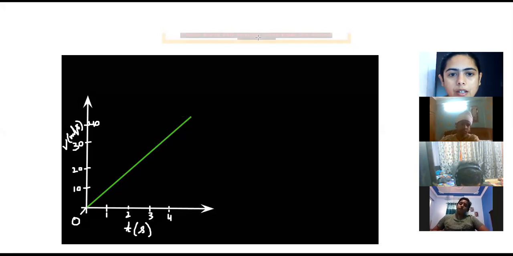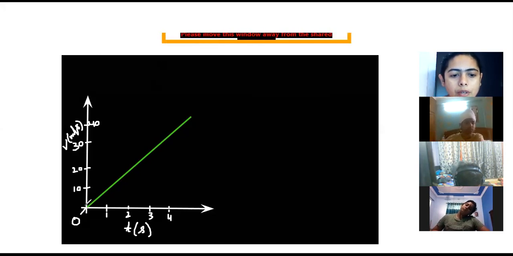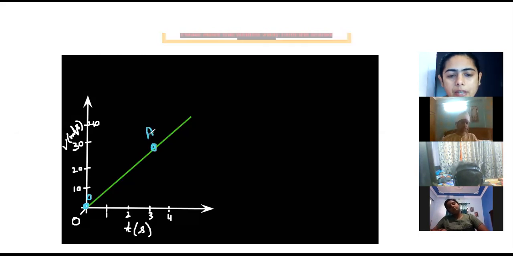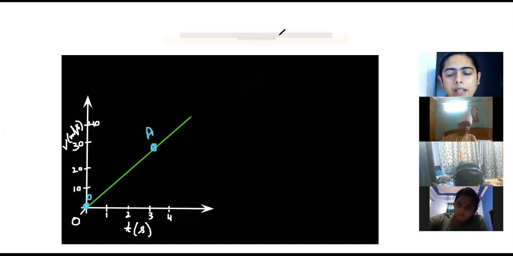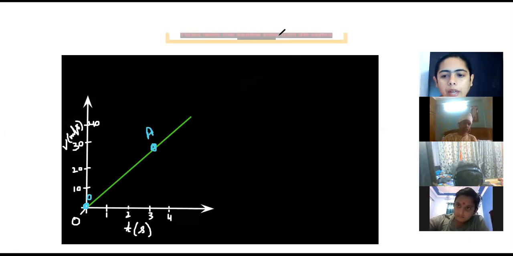Fine. You have to find out the distance covered by the object from this point, that is O, till this point, that is A. Please do it. Find out the displacement from O to A.